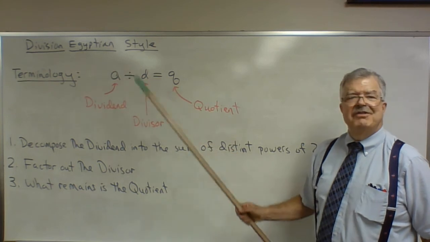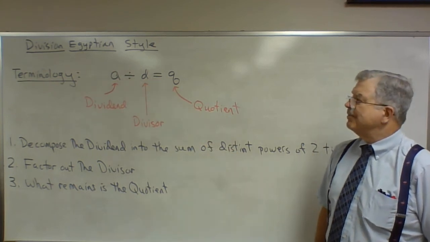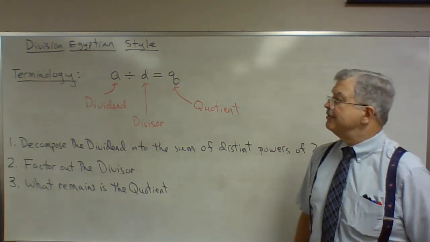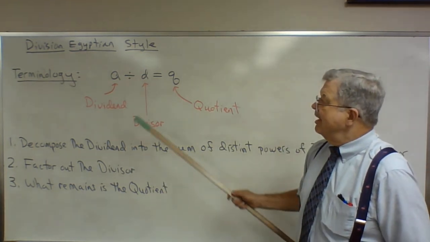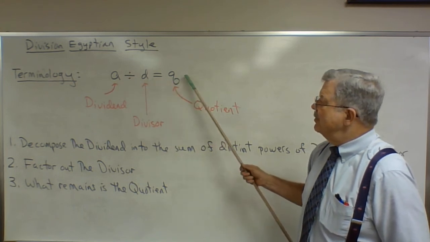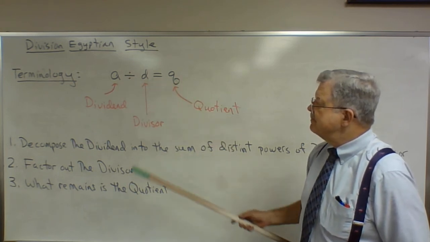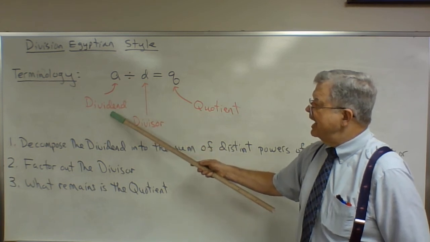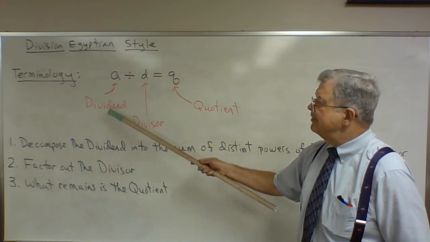Let's do division Egyptian style. Before we do, we have to introduce some more terminology. When we take A and divide by D and we get the result Q, the number that's being divided is the dividend. So A is the dividend.